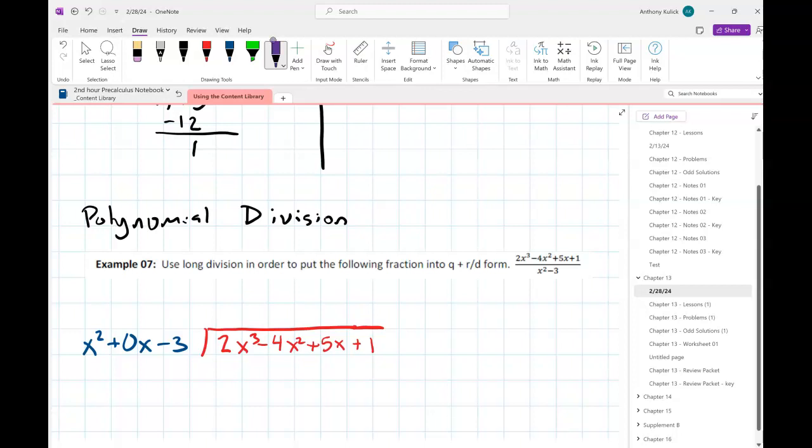So what I'm going to do is start by asking what times x squared gives me 2x cubed. 2x. Does everybody agree with that? I'm now going to multiply that 2x to everything in my divisor.